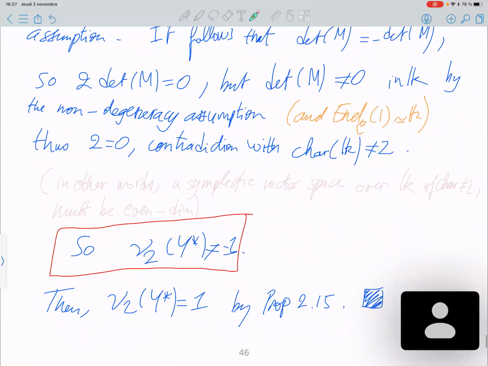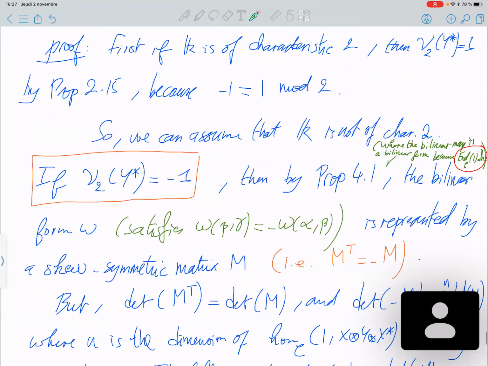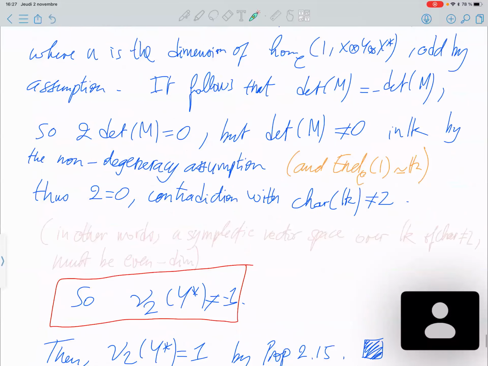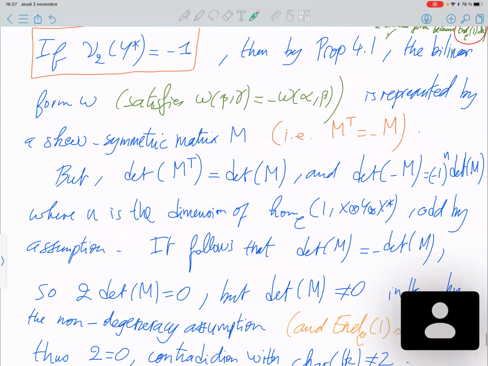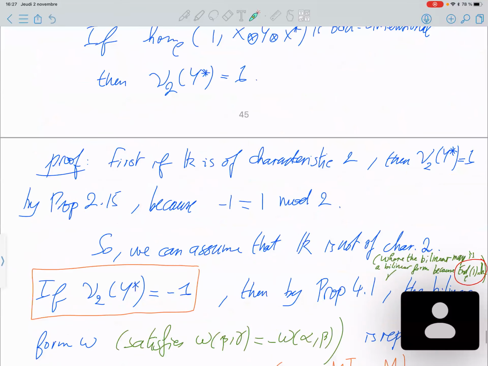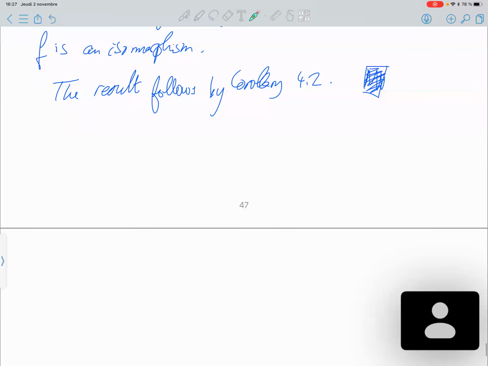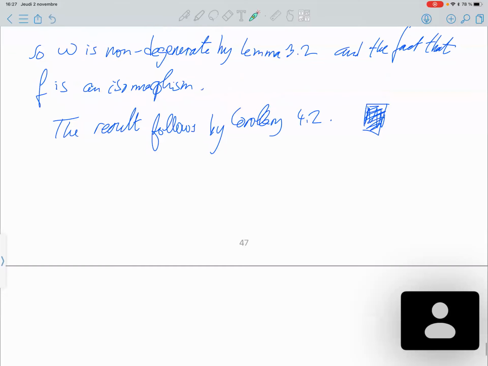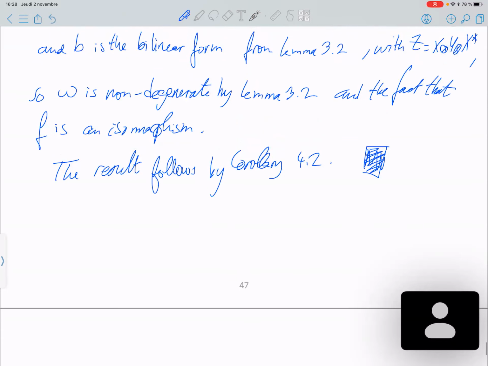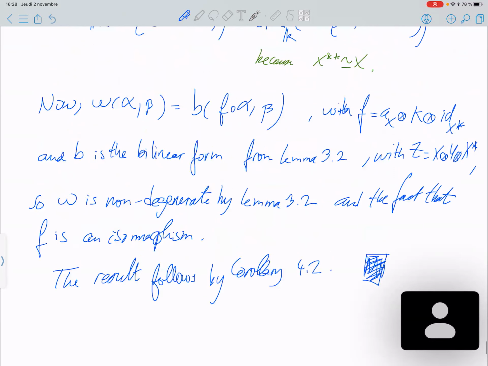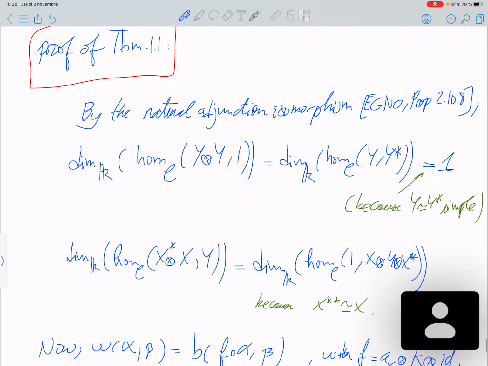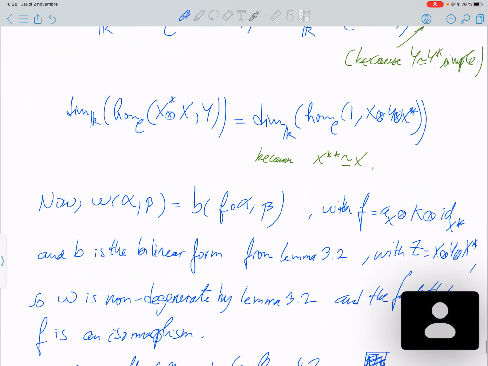Otherwise, everything is not so hard as long as you write the thing in the good order. You write the appropriate lemma and proposition. Okay. So that was one of the main results of the paper, which is done.